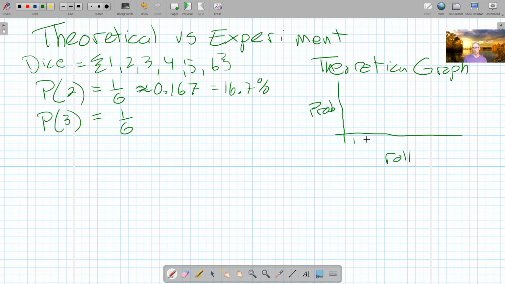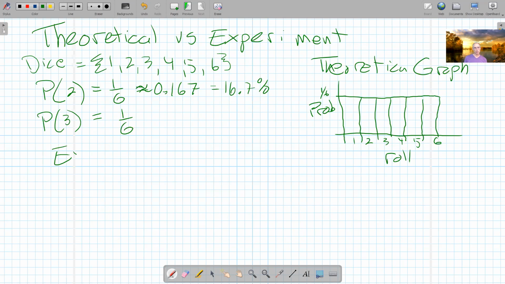I could either get a 1, or a 2, or a 3, or a 4, or a 5, or a 6. And let's say this right here is the value 1/6 on the number line. Then what I'm going to get is a uniform distribution. Every single number has the same probability of occurring. 1, 2, 3, 4, 5, 6. It's theoretically completely flat.